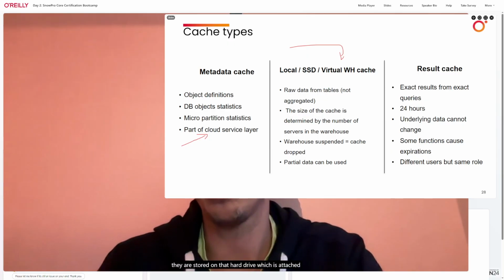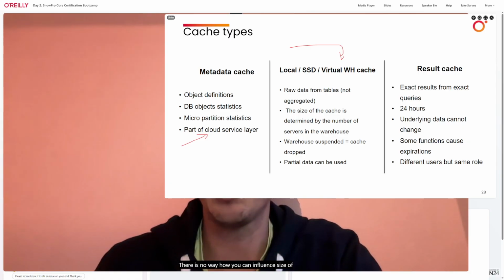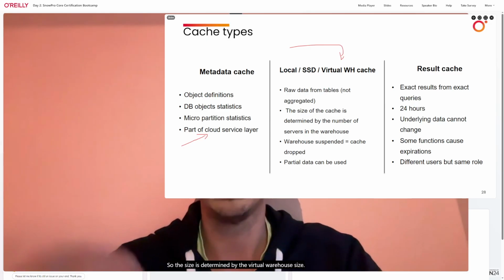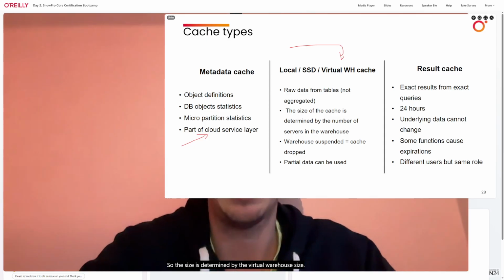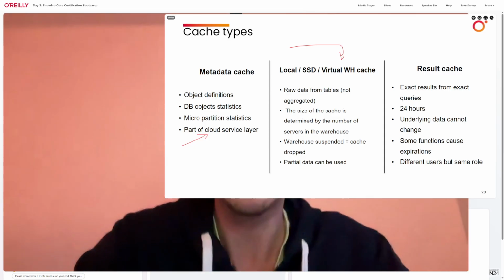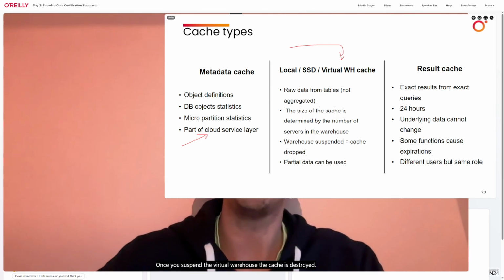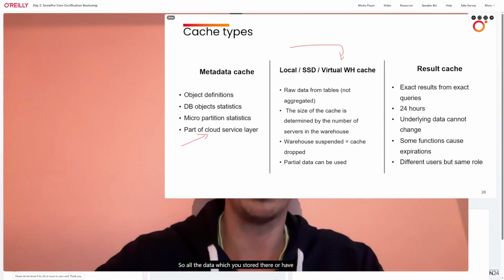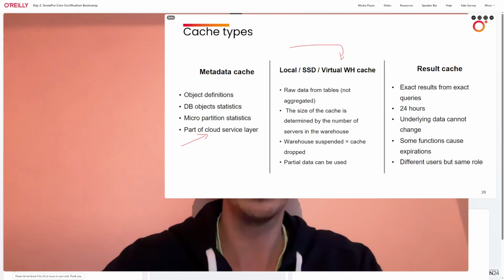And it is stored on the hard drive which is attached to the virtual warehouse. There is no way you can influence the size of that cache, so the size is determined by the virtual warehouse size. Once you suspend the virtual warehouse, the cache is destroyed, so all the data which has been stored there is removed.